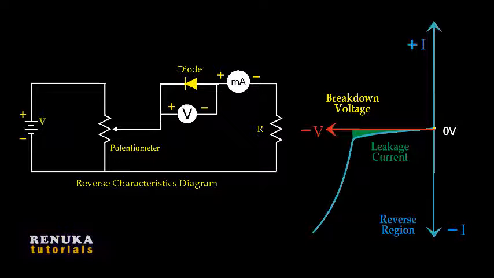When the reverse voltage is less than the breakdown voltage, the diode will offer high resistance and act as an open switch. So no current is possible up to breakdown when the diode is reverse biased. So this was about the characteristics of PN junction diode when it is forward biased and reverse biased.